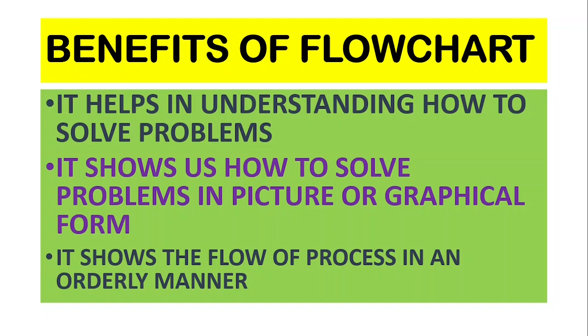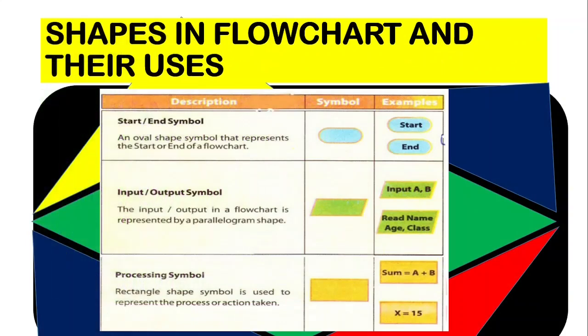Let's move on, because we'll be having our practicals class in 9 minutes' time. So these are the shapes you come across when you're talking about flowcharts. When you want to draw a flowchart having your start and your end, we use the oval.